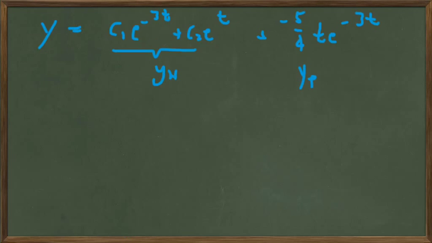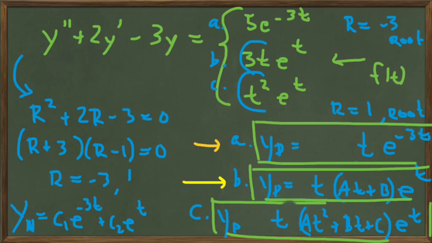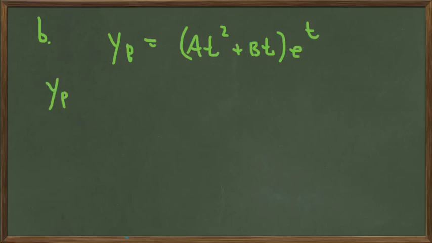So in this second case, yp was t times at plus b, e to the t, and so it is at squared plus bt times e to the t.